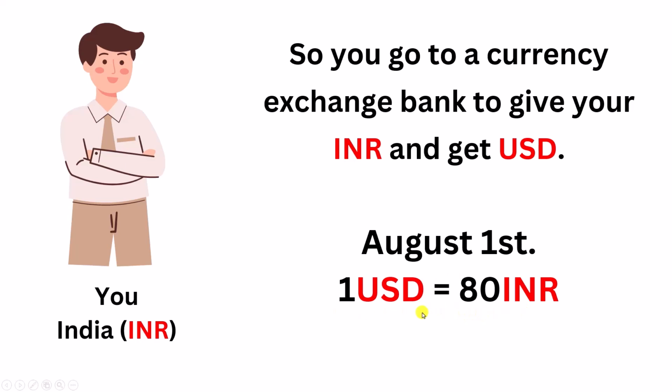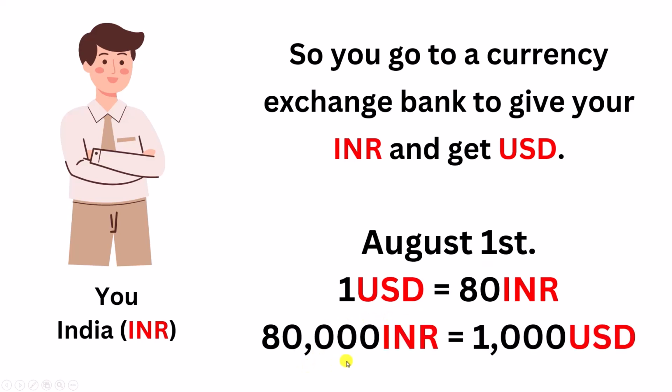Meaning, if you want to get 1 American dollar, then you have to give 80 rupees. If you give 80 rupees, the bank will give you $1. So this is the exchange rate as of August 1st. So you say, okay, I have 80,000 rupees.